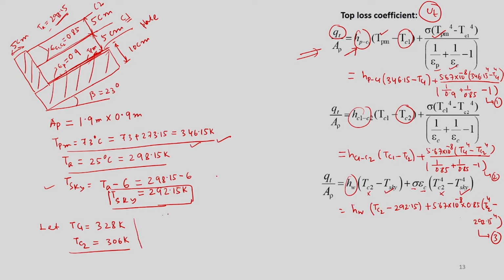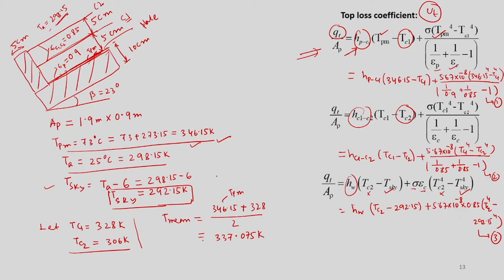So, this T mean will be 346.15, which is nothing but TPM, plus TC1, which is 328, divided by 2, which gives a value equal to 337.075 Kelvin, to be precise.